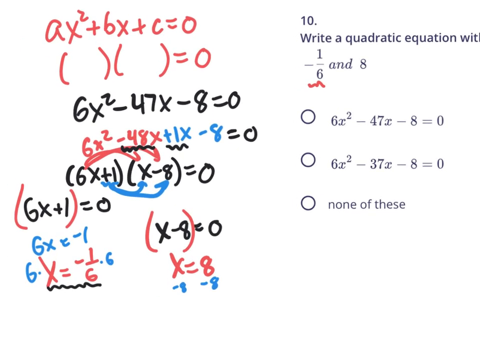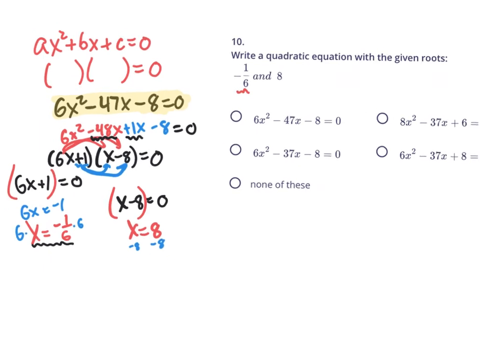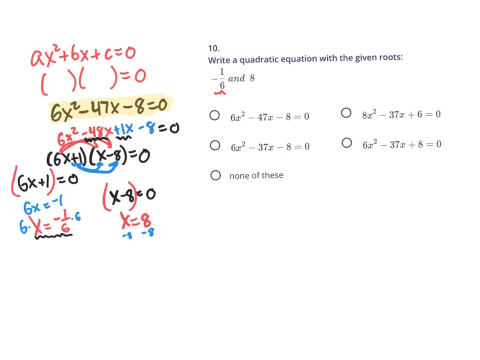So what is the quadratic equation? This is the quadratic equation, 6x squared minus 47x minus 8 equals 0. So let's take a look at the multiple choice options. 6x squared minus 47x minus 8 equals 0. That would be this answer right here.